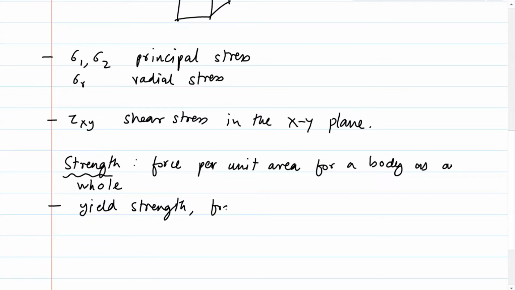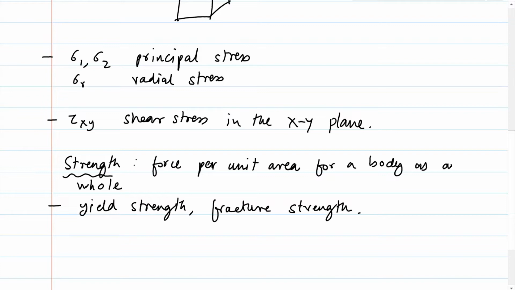We'll have fracture strength and so on. Fracture strength is more advanced. We will not be covering fracture strength in this course, but fracture is important, especially for materials which can break. And usually thin materials break by fracture.